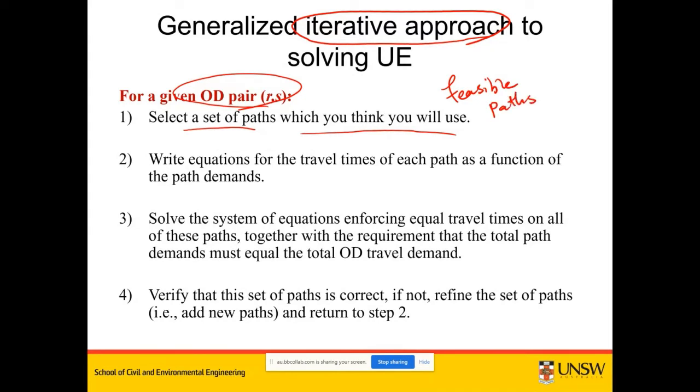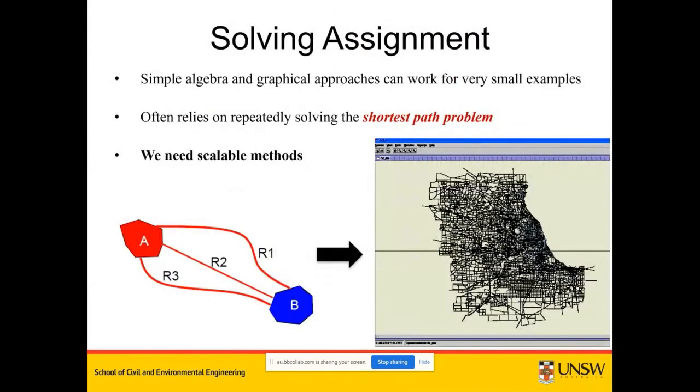We write the equations for the travel times of each path as a function of the path demand. We solve the system of equations, and then we verify if this is correct or not, just like the examples we had, right?